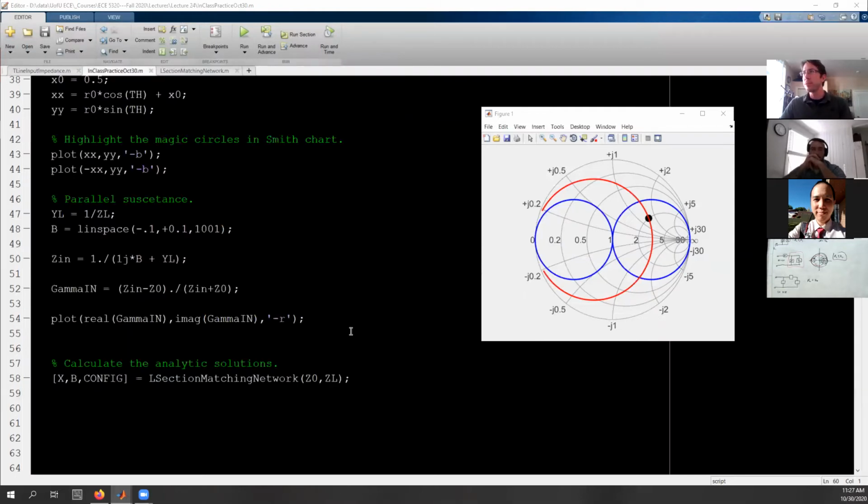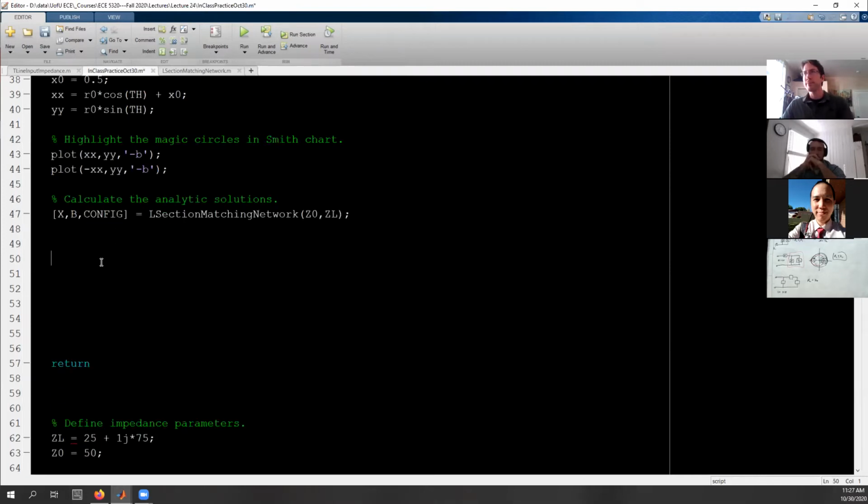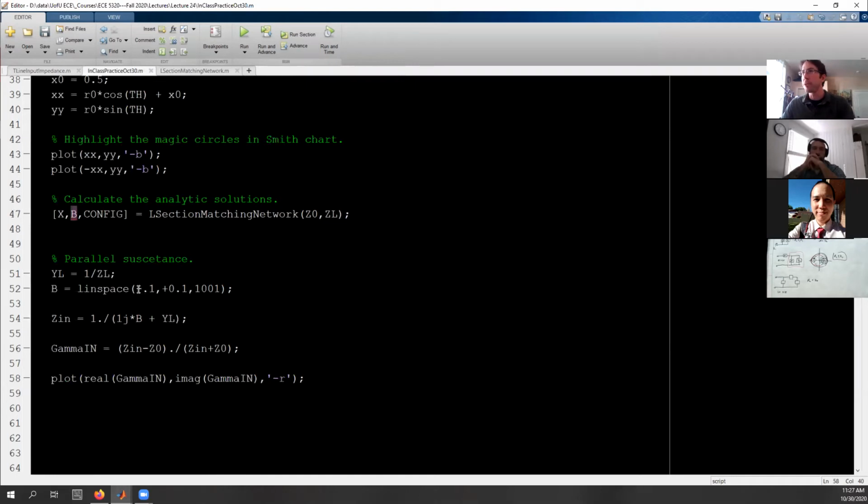So I'm going to kind of take this stuff over here. And instead of just putting in arbitrary values, I'm going to put in, oh, let's see, I got to give this a different name here. So call this B shunt or something like that. So I have this vector of two solutions here. So I'm going to say B of 1 to B of 2, except this one's the negative, this one's the positive.